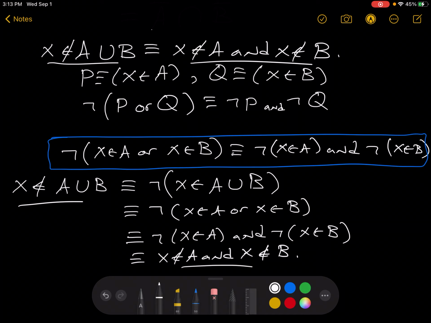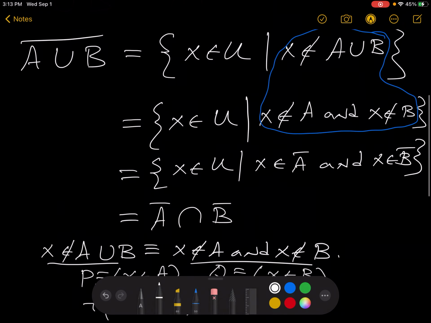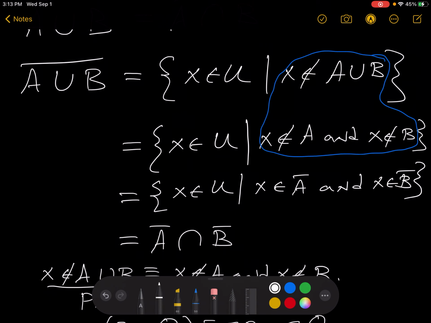That's really just a consequence of De Morgan's laws. And this is exactly where we use De Morgan's laws to show that the complement of A union B is equal to the complement of A intersected with the complement of B. That's what I have in blue there.